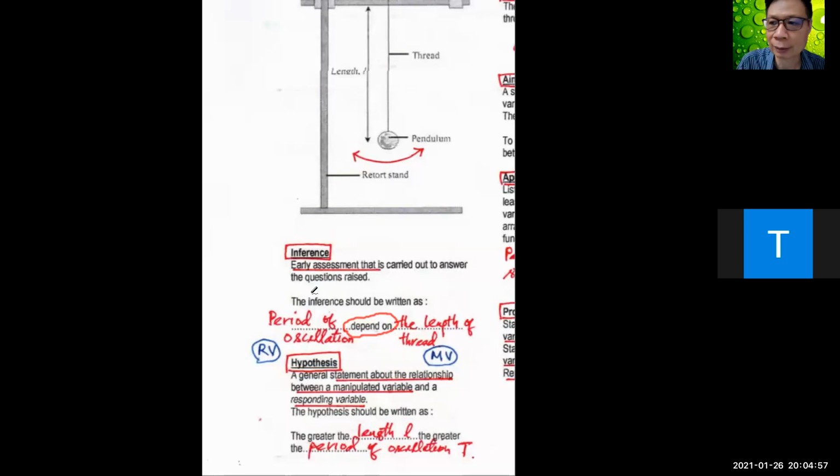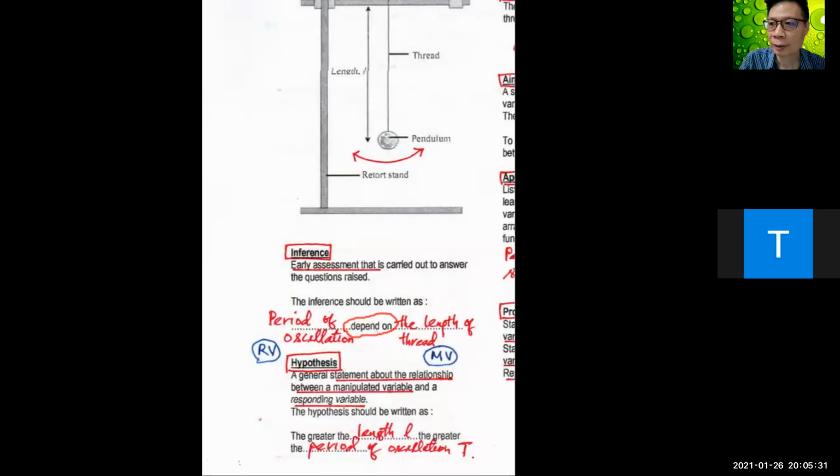The greater the length, 绳子越长, then the greater the period of oscillation, 就是说它拿的时间做一个 oscillation 就越长。So remember this is the pattern you write for a hypothesis. The bigger this one, the bigger that one; the smaller this one, the smaller that one. That is the way to write a hypothesis.